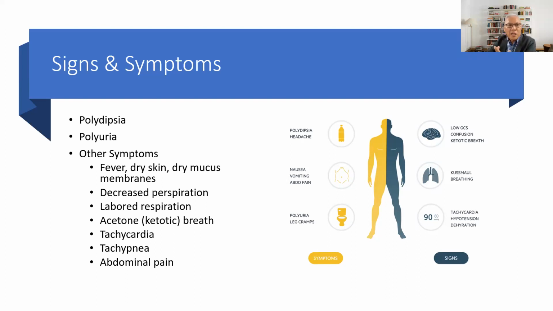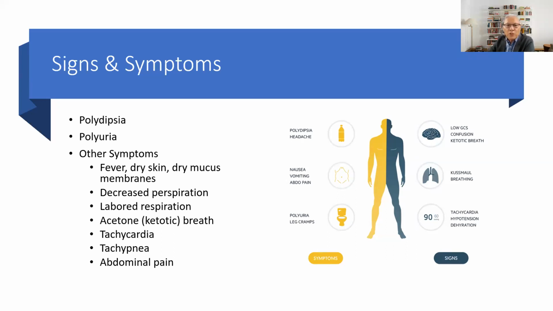Okay, so polyuria is going to occur as a result of the increase in the extracellular fluid compartment temporarily, and then, of course, the polydipsia, which sometimes is more severe than the polyuria.